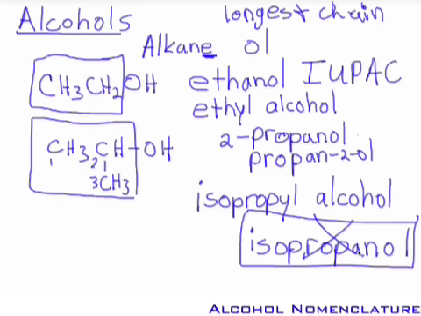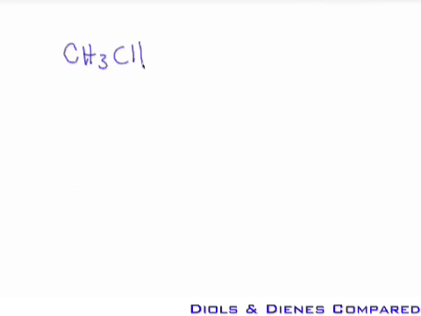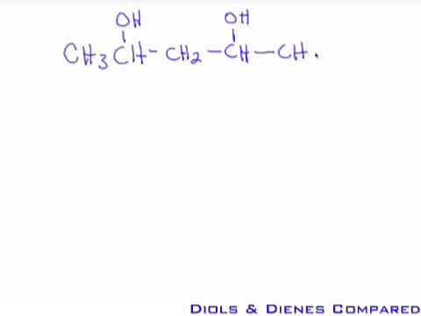What happens, however, say if we have a molecule like this, and let's compare this to a similar molecule that has 2 alkenes that we've learned to name.